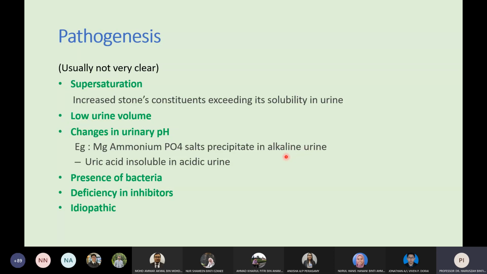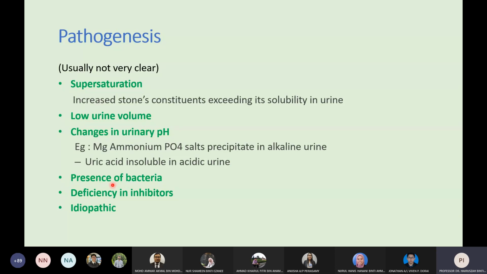Alkaline urine is predisposed by infection, UTI, urinary infection. And in uric acid stones, people somehow have a tendency to produce acid urine. We don't know why. They produce more acid urine compared to other people.